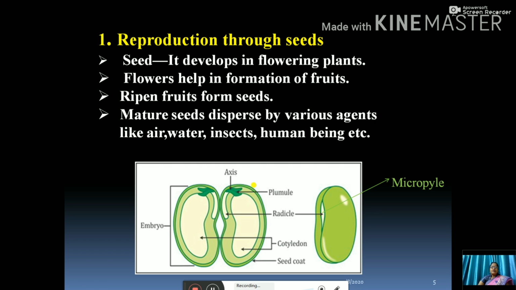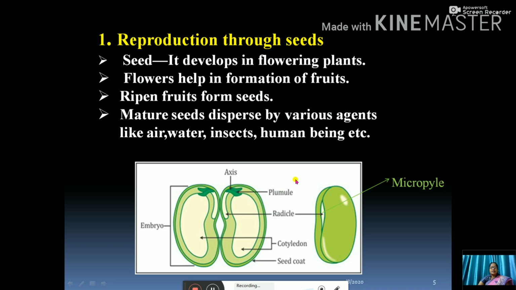Clear? When you see clearly the two leaves, that is known as cotyledons. This is cotyledon. And this is showing the radicle, and this is axis, and this is plumule. The radicle after growth develops the root, and the plumule forms the shoot.